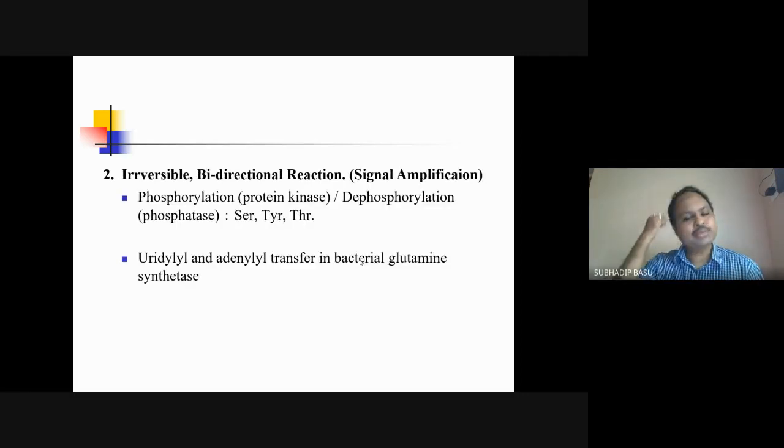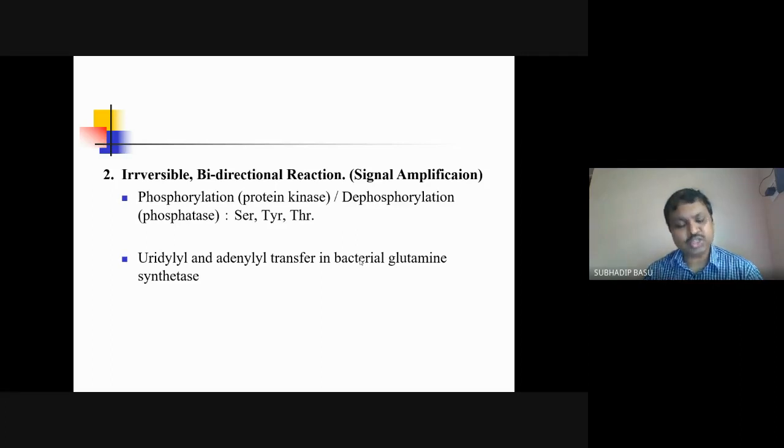Some are reversible. Some enzymatic reactions may be bidirectional reactions, like signal amplification. If it is attached, then some signal amplification is done. If it is detached, then there is no more signal amplification, like phosphorylation.